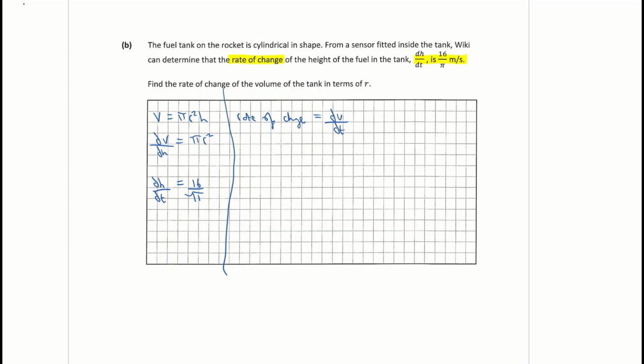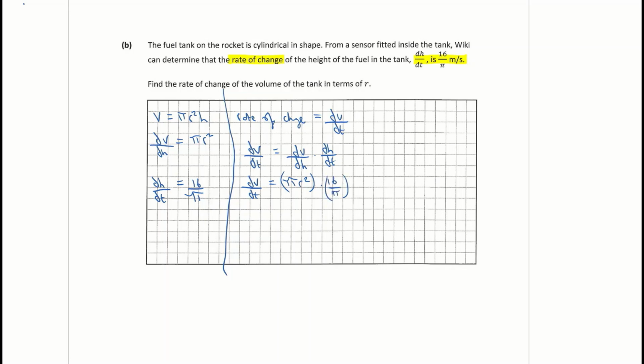That's basically what we want, which is the same as dV dt is equal to dV dH times dH dt. And we have both of those pieces of information. So we can now solve that. So dV dt is equal to my dV dH, which is pi r squared, times my dH dt, which is 16 over pi.